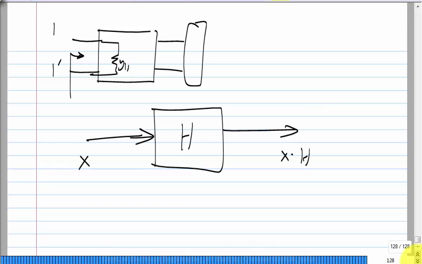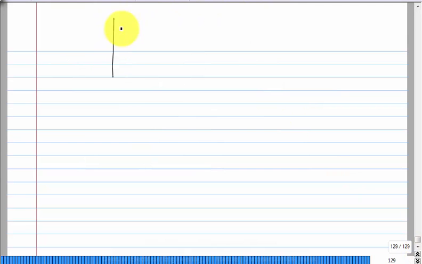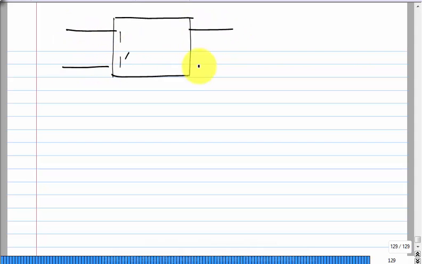Just one remark about two ports. I already mentioned this earlier. So far I have shown a picture like this, which means that the port is here. Let's say we connect voltage sources there.